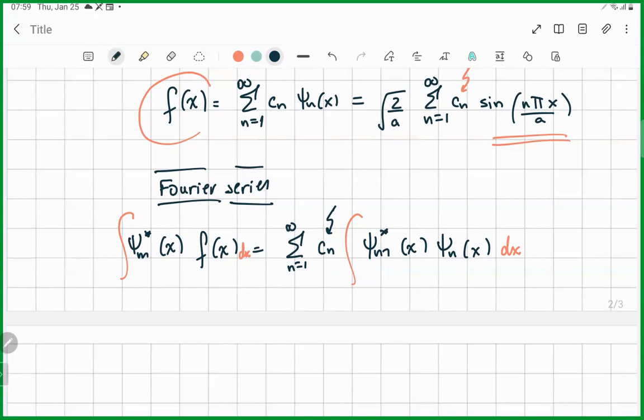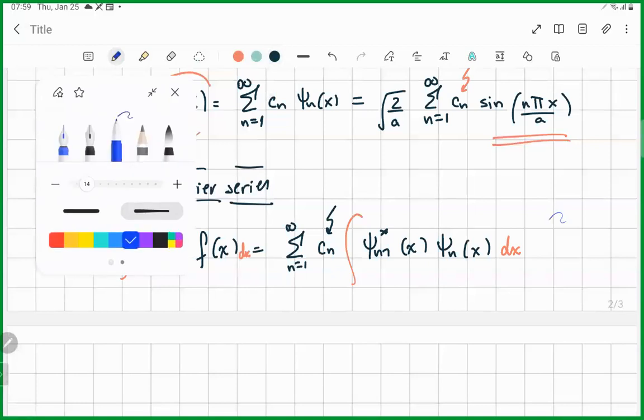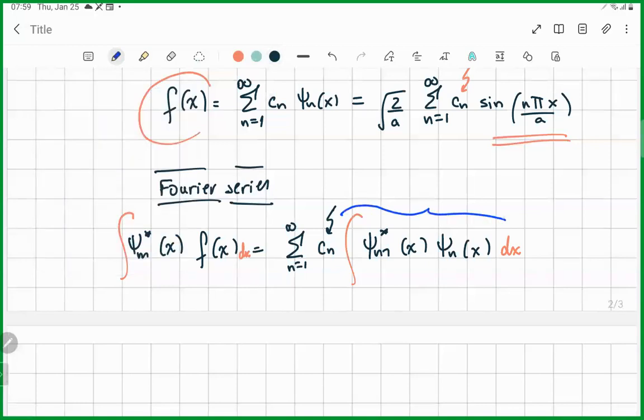Why is that? We just learned that this is the Kronecker delta, that this integral is 0 when m is different from n, or is 1 when m and n are the same. That's normalization.